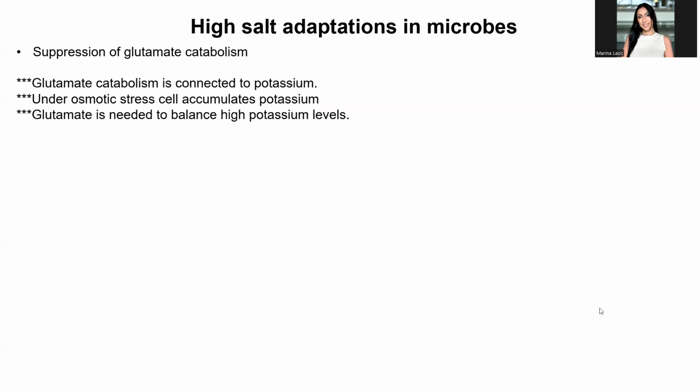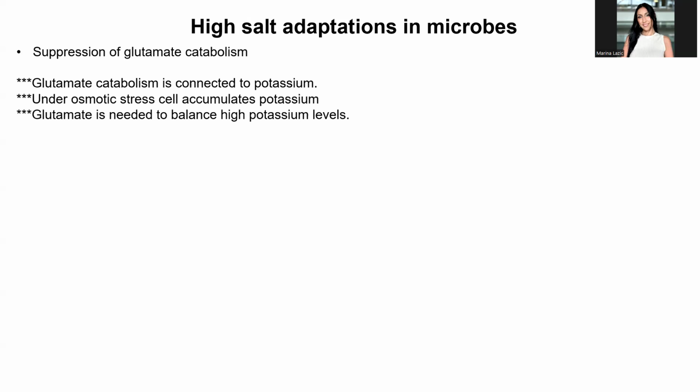Except for ubiquinone 8 and aquaporins, there is another high salt adaptation in microbes, and this will be something... so why glutamate catabolism? It will be way more clear when we talk about nitrogen metabolism in Unit 7, but one of the salt adaptations is to reduce glutamate metabolism. So why? Because glutamate is an amino acid.